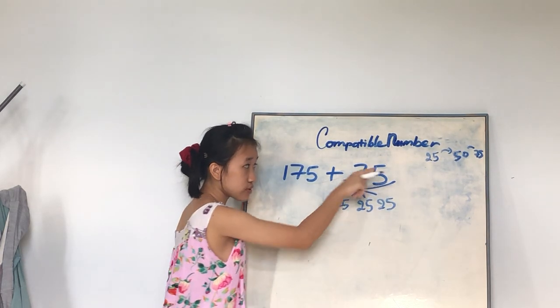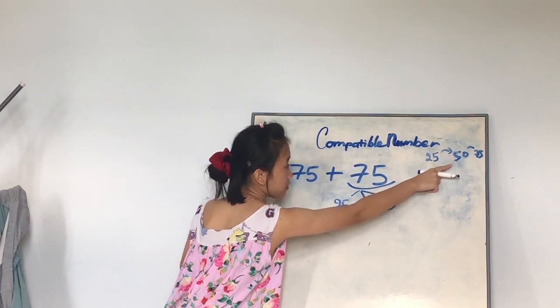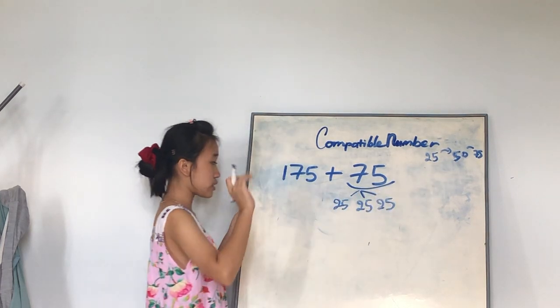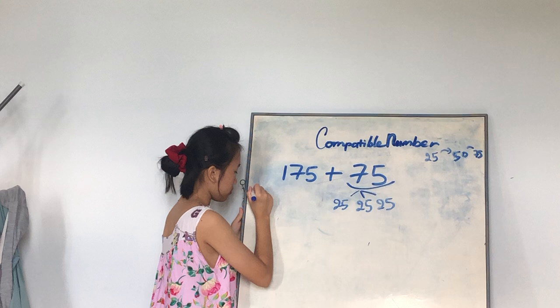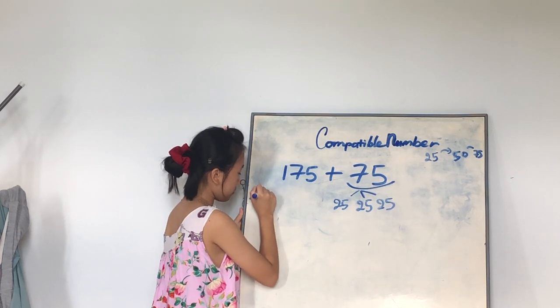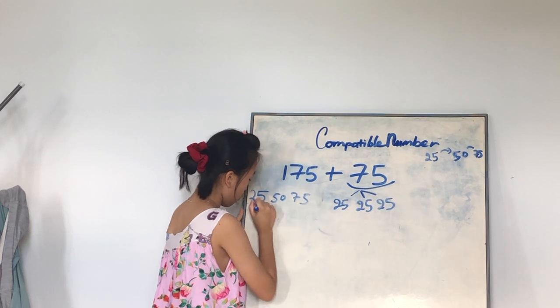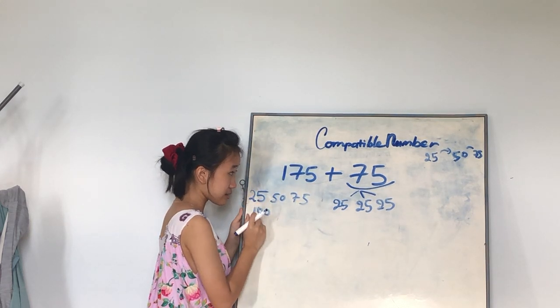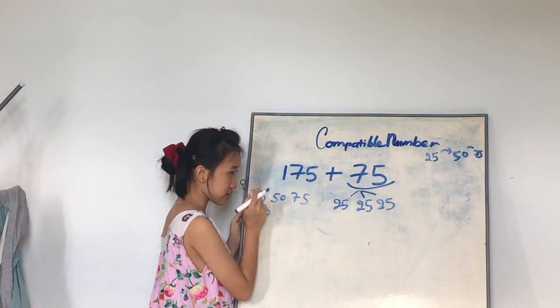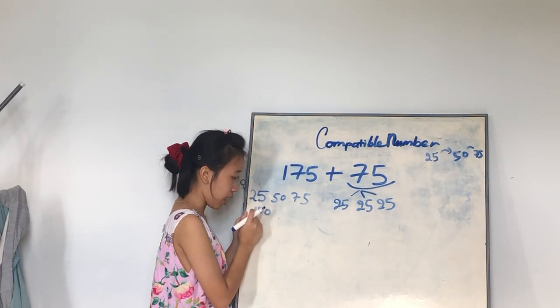Now, what about 175? You see 25, 50, 75. What is the next number? Let's do it again: 25, 50, 75, and 100 is the next number. It has something in common.